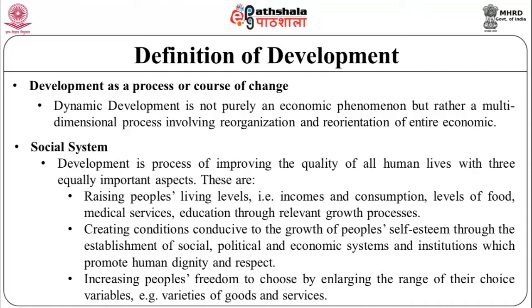These are raising people's living levels, that is income and consumption, levels of food, medical services, and education through relevant growth processes; creating conditions conducive to the growth of people's self-esteem through the establishment of social, political, and economic systems and institutions which promote human dignity and respect; and increasing people's freedom to choose by enlarging the range of their choice variables, for example, varieties of goods and services.